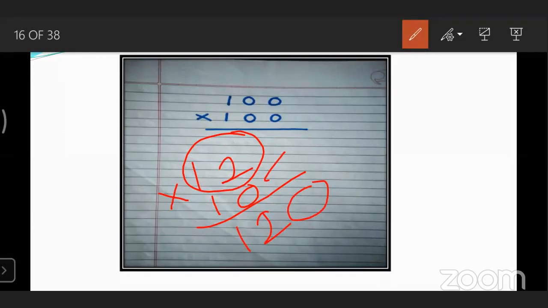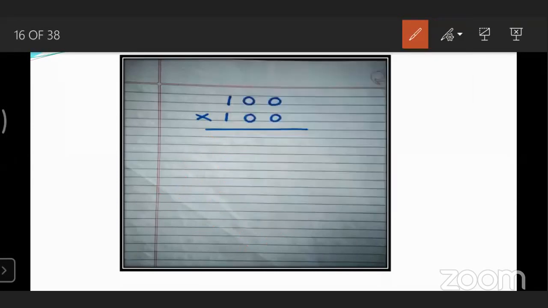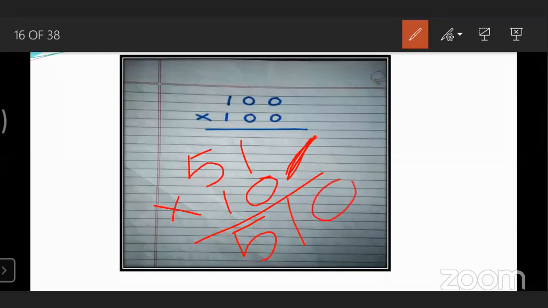It's very easy when we multiply by 10 or 100 like this. Let us take one more example. 51 multiplied by 10. Now write down the 51 as it is. Now how many zeros are here? 1. So put a 0 here next to the 1 at the unit place. So your answer is 510. This is the simple method.